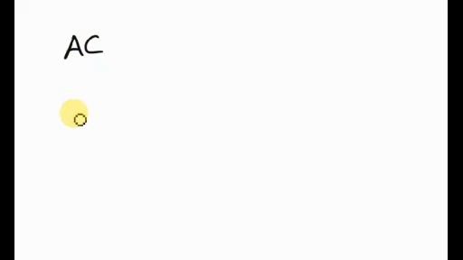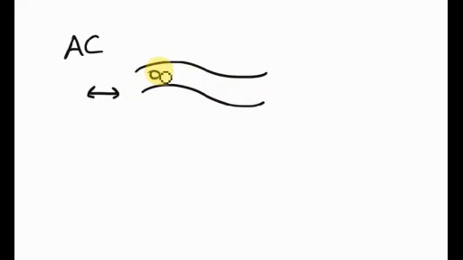AC currents transmit the current through the back and forth motion of the electrons. So you'll have a wire, and that'll be full of electrons. Let's just imagine here. And their vibrating back and forth is what carries the current along.